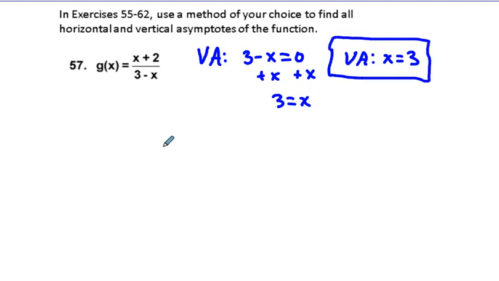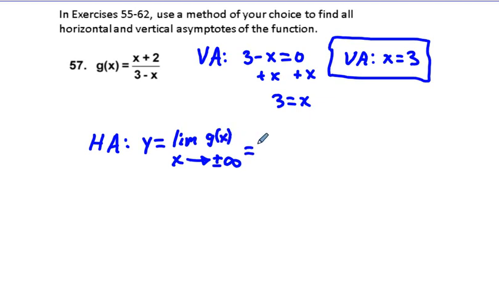And for the horizontal asymptote, it's just what we were looking at earlier in problem 55, where we have the definition of our horizontal asymptote: y is equal to the limit as x approaches plus or minus infinity of our function, in this case g of x.